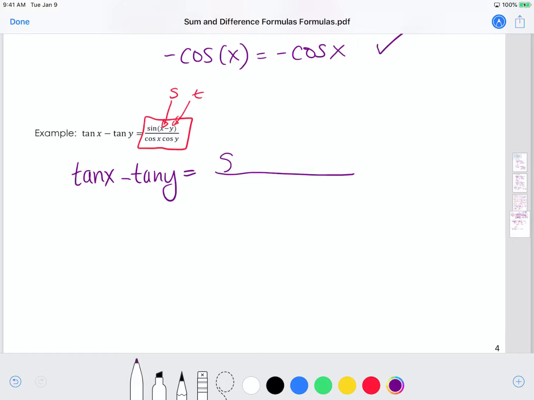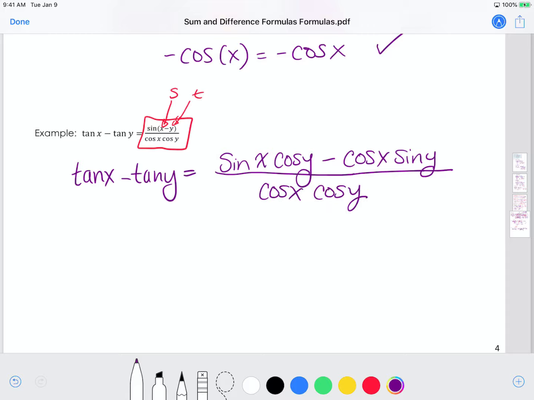So I have sine of x cosine of y minus cosine of x sine y, and that's all over cosine x cosine y. I'm going to bring down my tangent x minus tangent y, and I'm going to use the trick that I break up my fraction into two different fractions and then simplify.